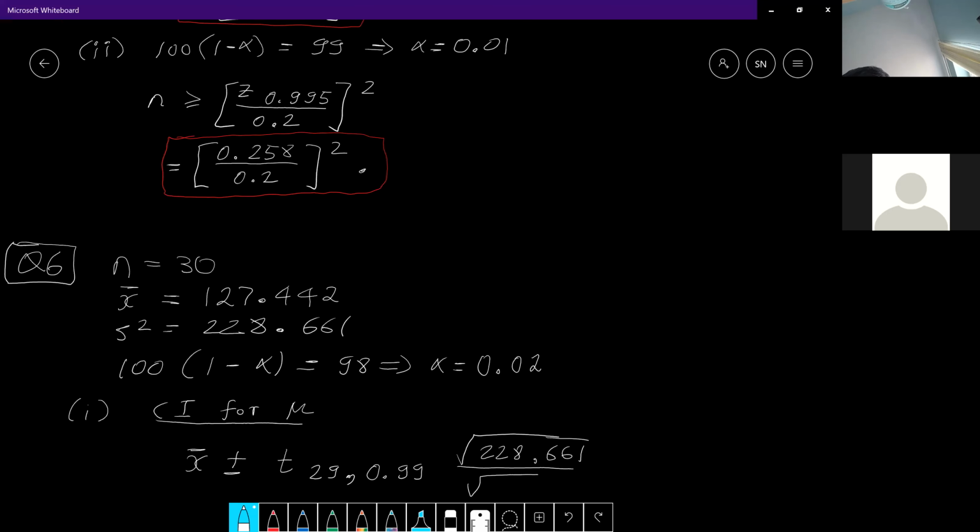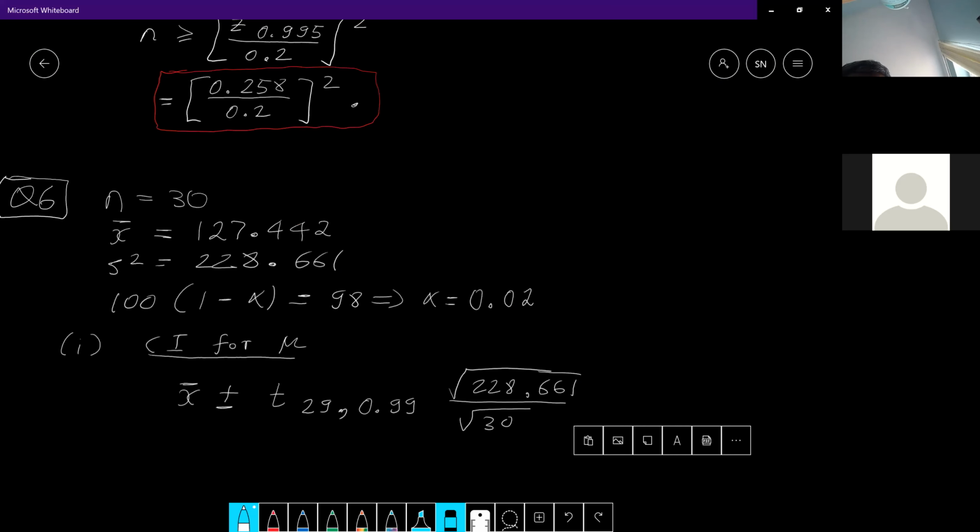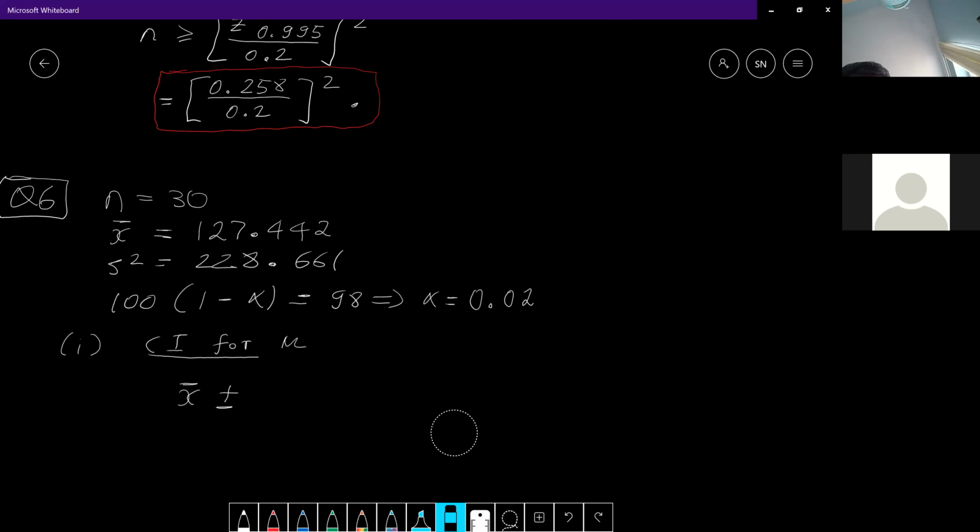Maybe I should have done it in a little bit more detail, so let me just erase this for a minute. What I meant to say was that this is the formula that is applicable to this situation, when you're looking for the confidence interval for the population mean when the variance is unknown.